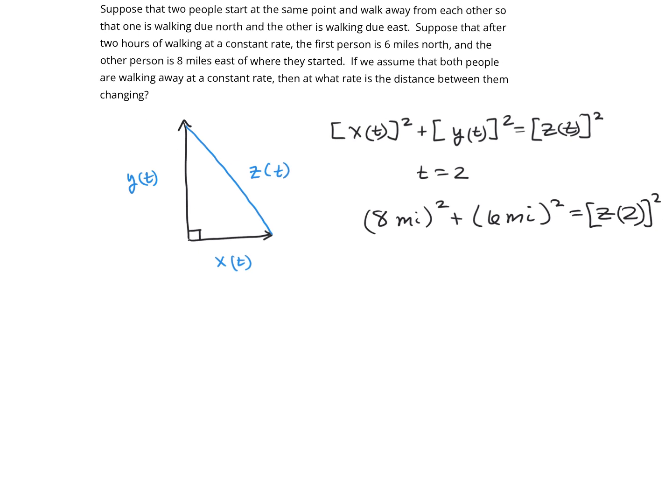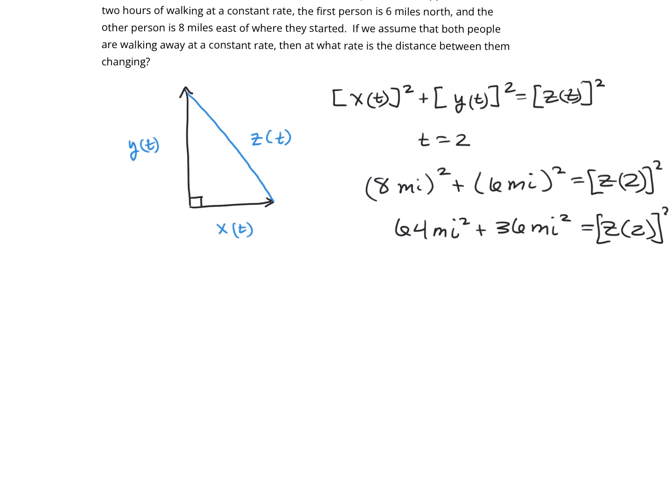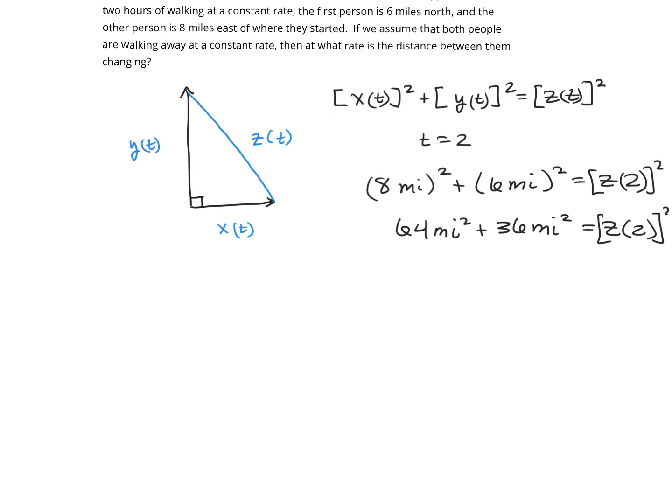So we can now square and sum these up. We know that 8 squared is 64. So that's 64 miles squared. And then we're going to have our 36 miles squared. And that is equal to z of 2 squared. And if we sum up 64 and 36, we get 100.